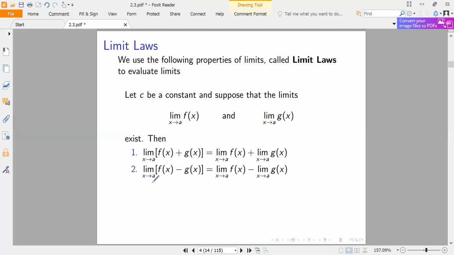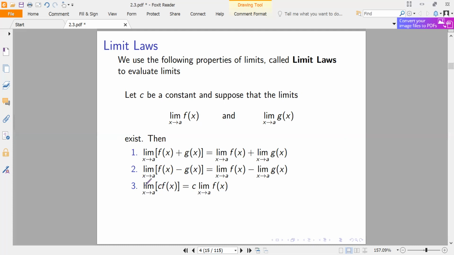And same thing for the difference. Evaluating the limit of f of x minus g of x is the same thing as evaluating f of x alone, minus the evaluation of g of x alone. The third law says that since a constant is just a number, x approaching a does not affect that constant.